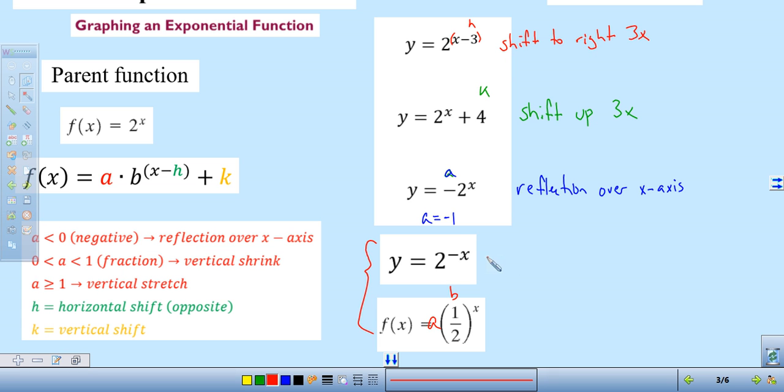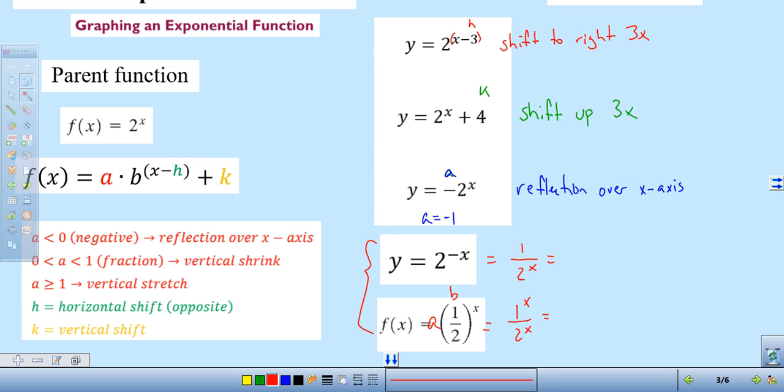Because if I change the way this one looked, if I got rid of the negative exponent, this would become 1 over 2 to the x. Which I know right now you're like, well, that's not exactly the same, but it really is, because remember that we could rewrite this as 1 over 2 to the x.